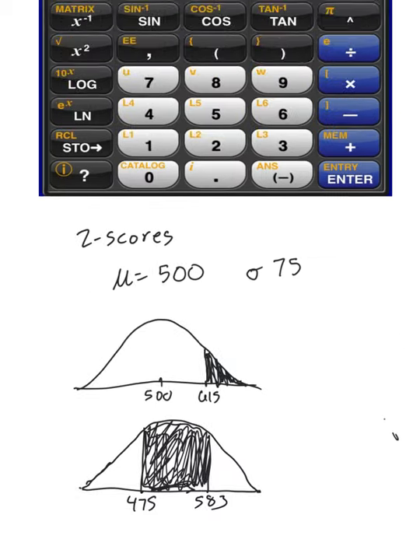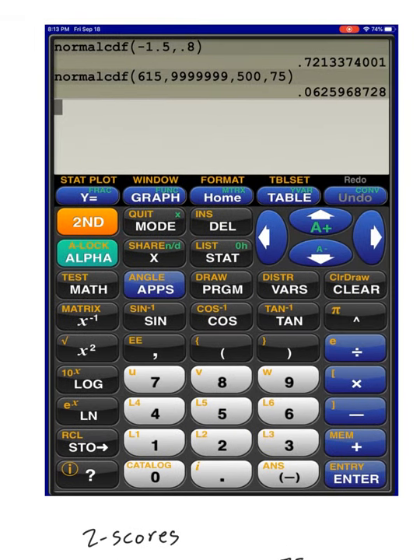So I go back to my graphing calculator. What is the probability that I get between 475 and 583 apples?